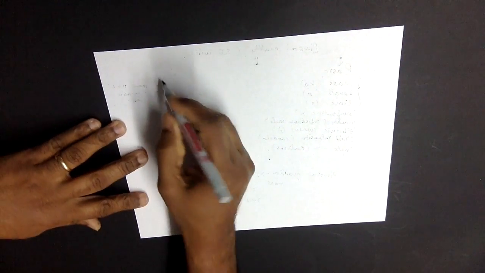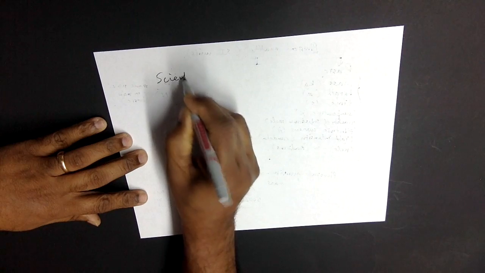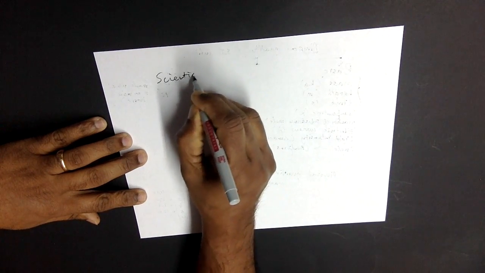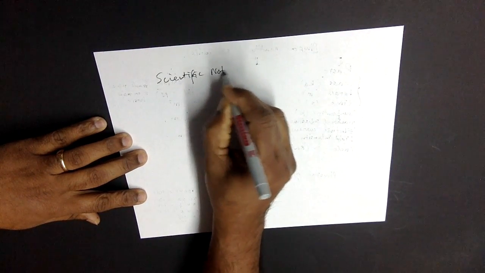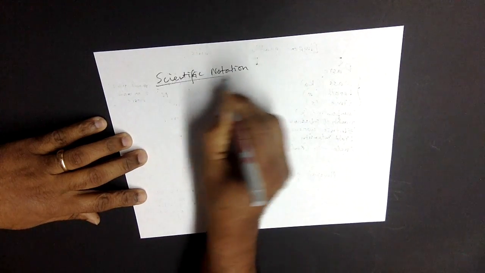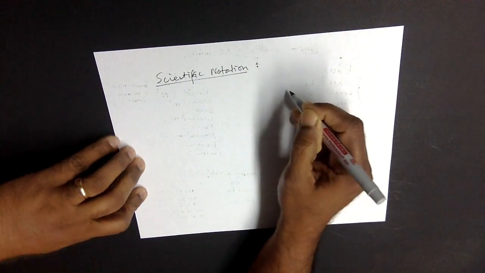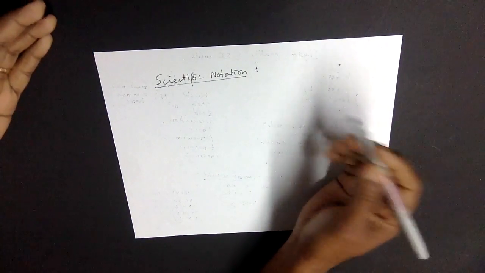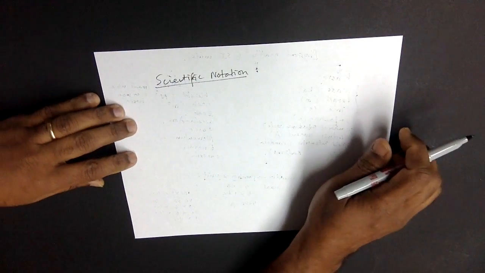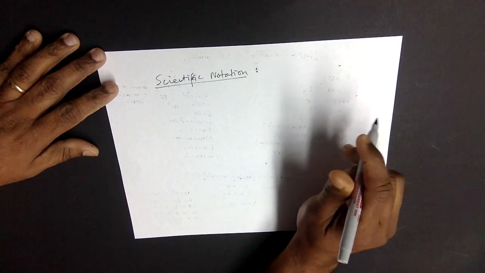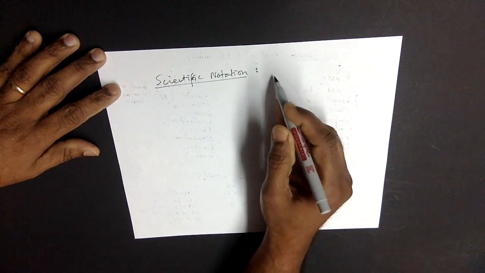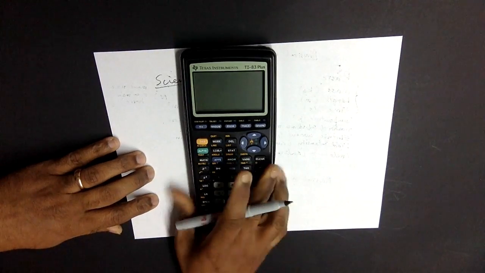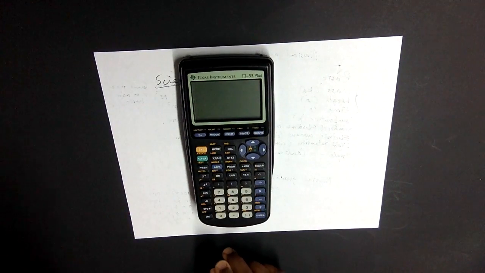A scientific notation is a way to express a number. When you measure a certain number, you want to express it in a certain format. And the problem with why do we need scientific notations? Let me give you an example.